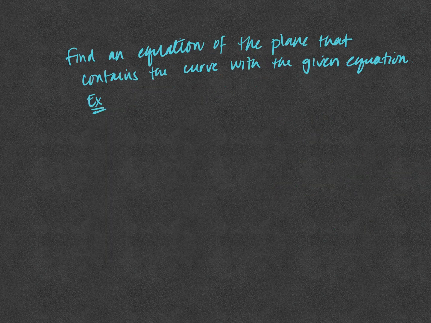Okay, so this problem says, find the equation of the plane that contains the curve with the given vector equation. The example is r of t equals 3 sine t, cosine t, and negative cosine t. So what we're looking at is the ones that kind of go together.